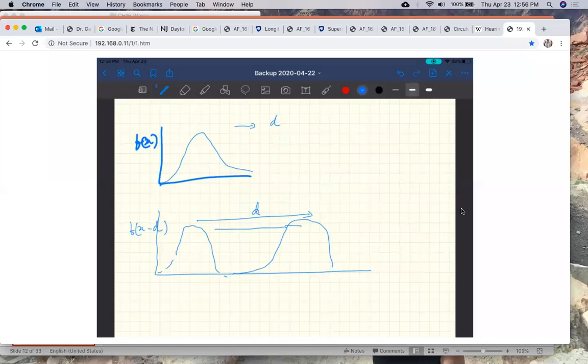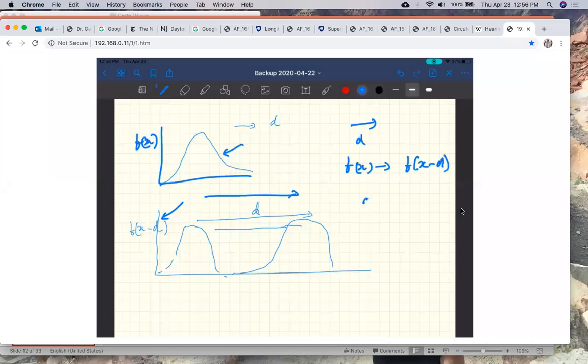If you had this function, to translate that function, to move that function to the right, all you did was replace x by x minus d. And of course, if you want to displace the function by d to the right, f(x) is replaced by f(x minus d).